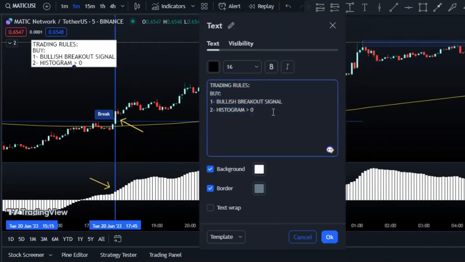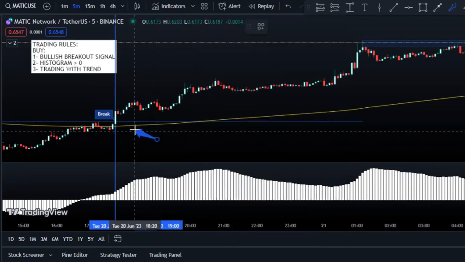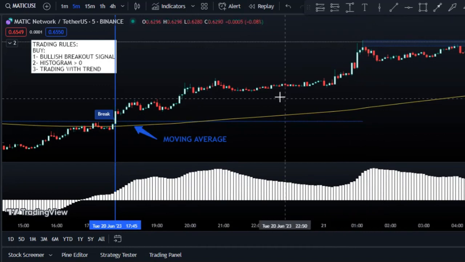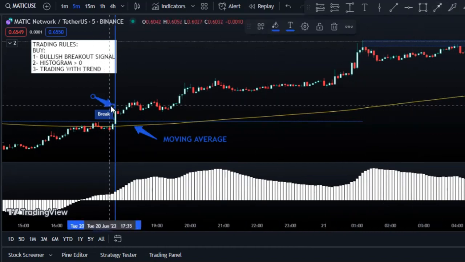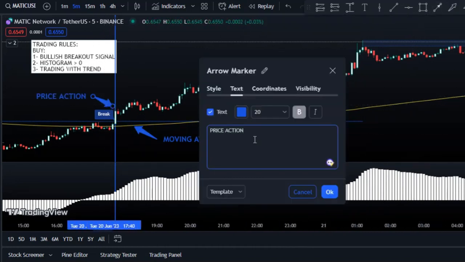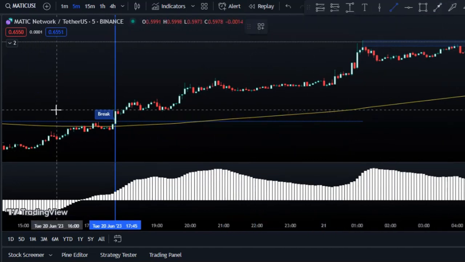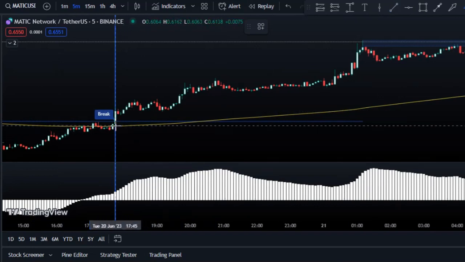And also make sure we're trading in the direction of the market trend, meaning the price is above the moving average. So when these conditions are met, we can enter our long trade at the close price of the breakout candle.